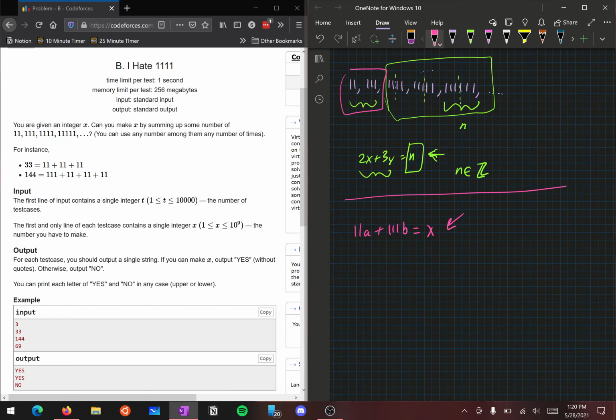Can I solve this? This boils down to solving a linear Diophantine equation, right? And you can do that with the extended Euclidean algorithm.